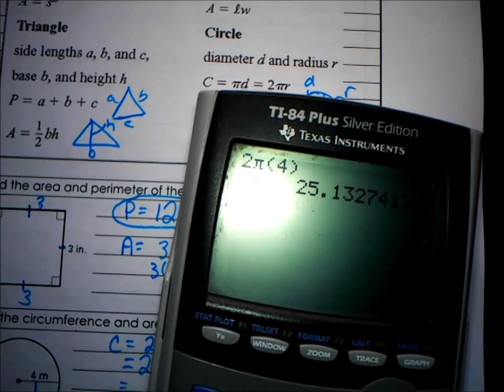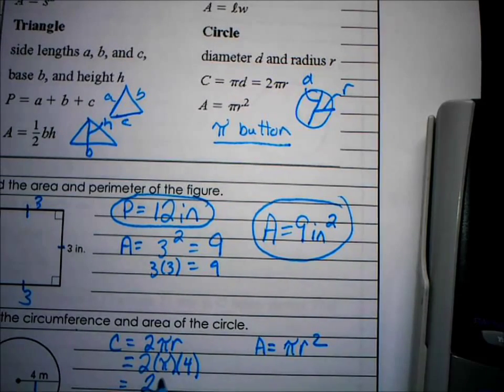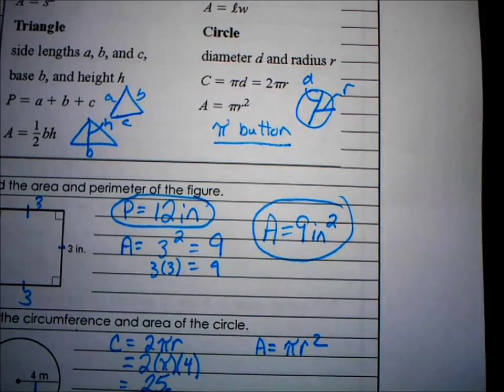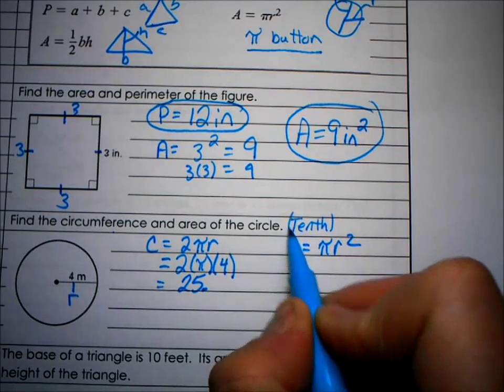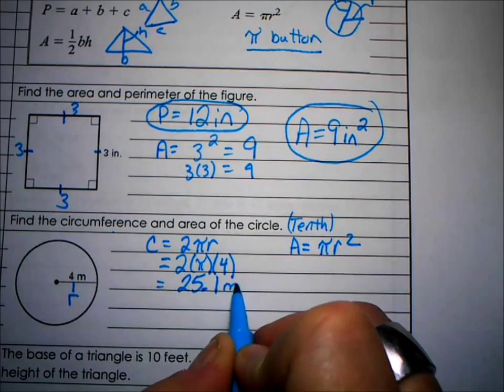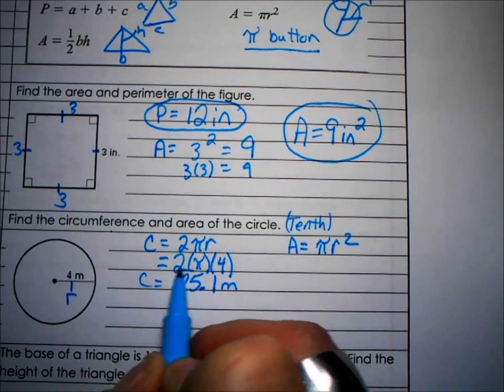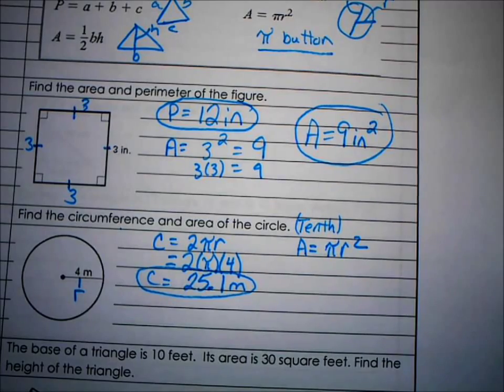So I'm going to push enter, and it gives me this long decimal. And since they don't tell me units, we're going to round to the nearest tenth if they don't tell you. So that means this is going to be 25.1 meters for my circumference. Make sure you have a C in front indicating what it is.